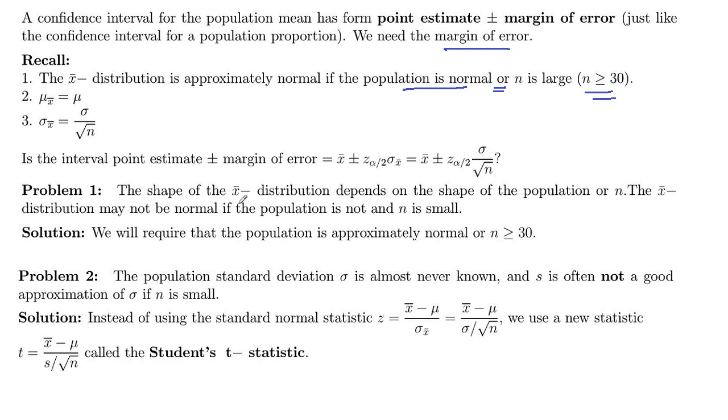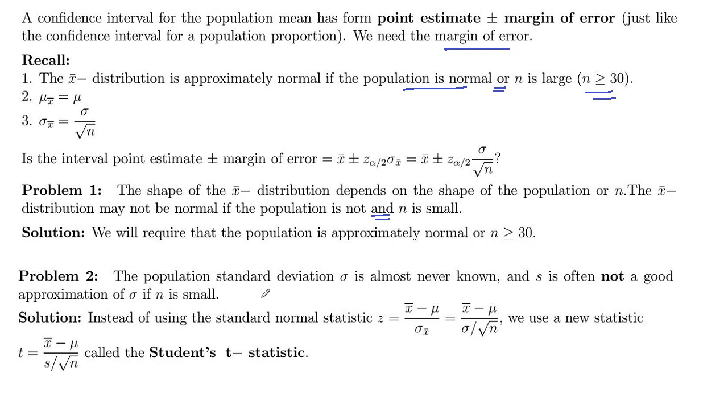It turns out that the shape of the X-bar distribution depends on the shape of the population, or n. The X-bar distribution may not be normal if the population is not and n is too small. So the solution is that we're going to require that the population is approximately normal or n is greater than or equal to 30. That'll be a requirement for a test.